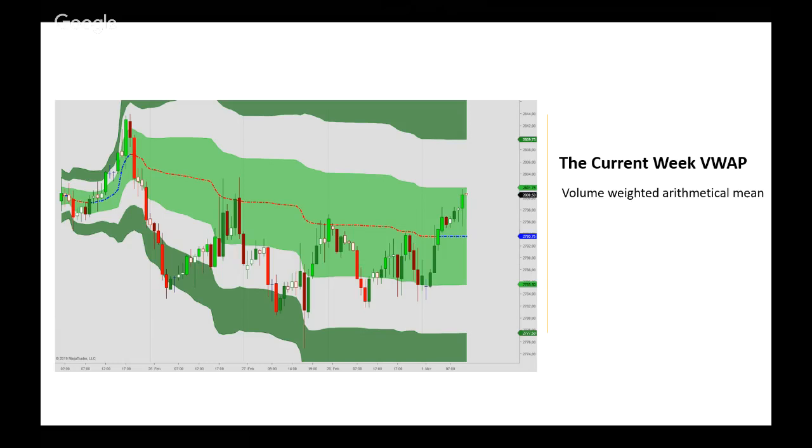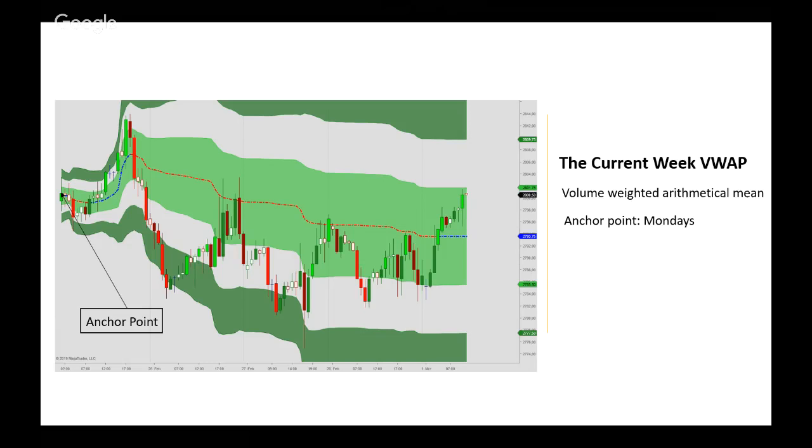So this is last week's VWAP for the ES 60-minute chart, anchored at the full session start of the week, Mondays, and the current week VWAP will therefore display the same information when anchored at the start of the full session. And readings of the current week VWAP can therefore, at the earliest, start from Tuesday on.